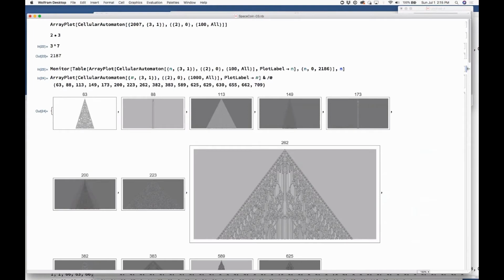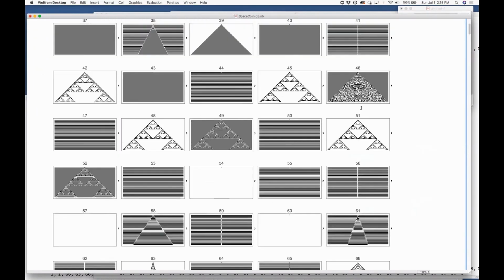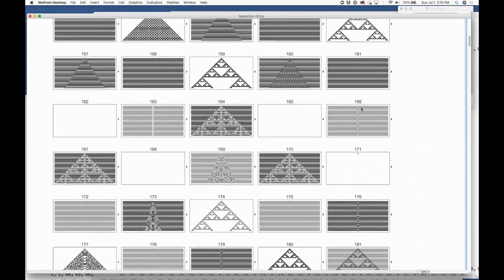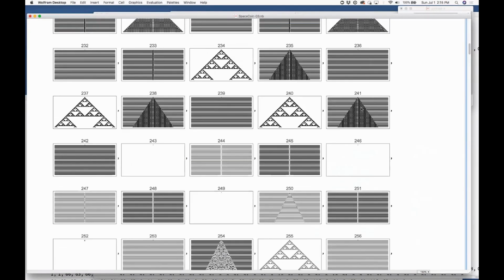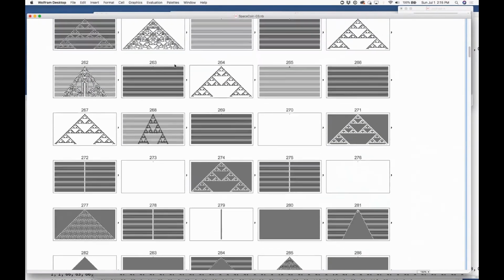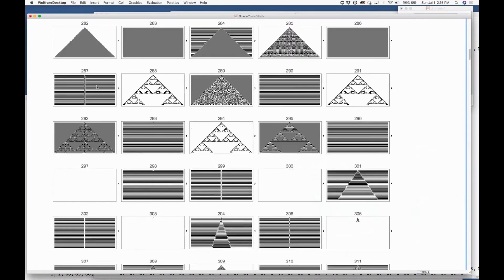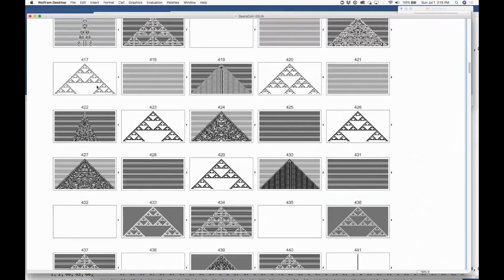Let's just look through a few of these others. The one that we thought was interesting was 262, and that turned out to be not completely boring. Let's see what that one looked like here. There it is. So that had some slightly large-scale structures in it. What we want to look for is things with slightly large-scale structure.